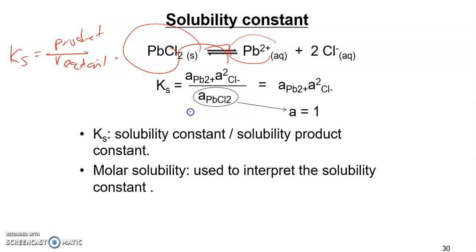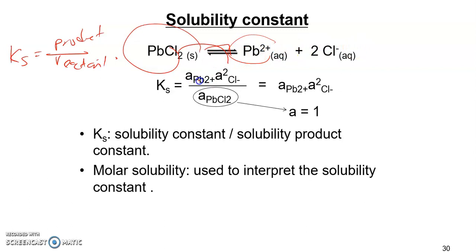So how to do this one: product over reactant. Here is our product, Pb2+ and Cl−.